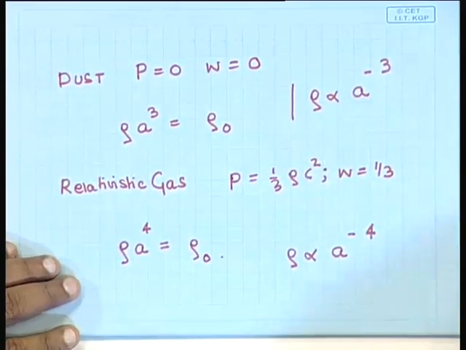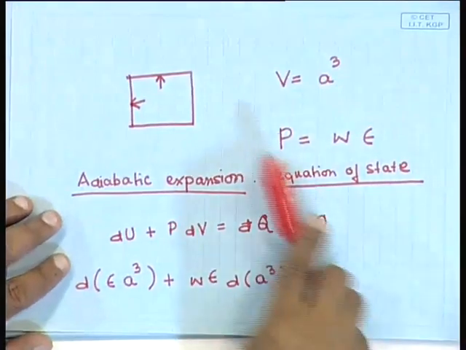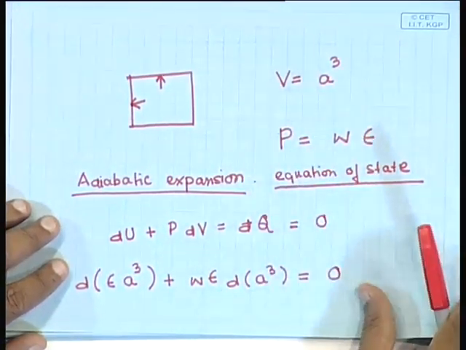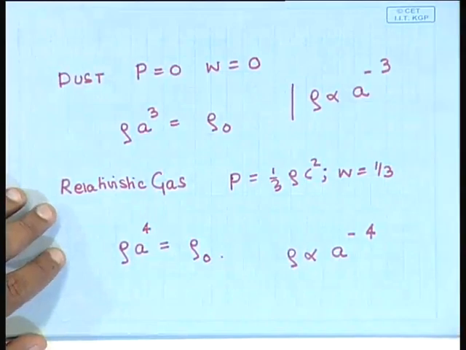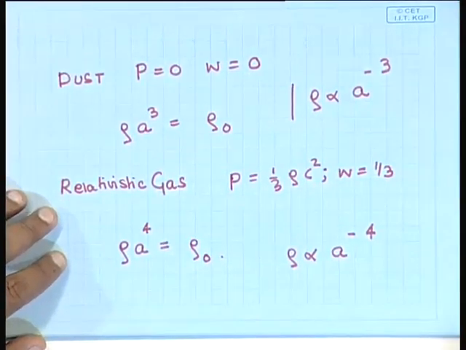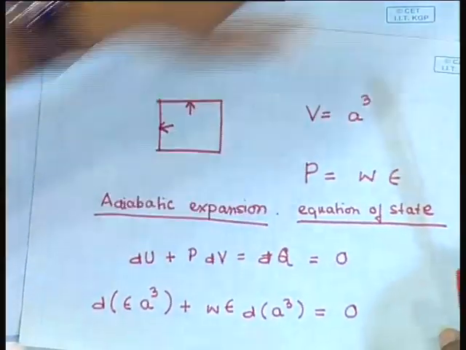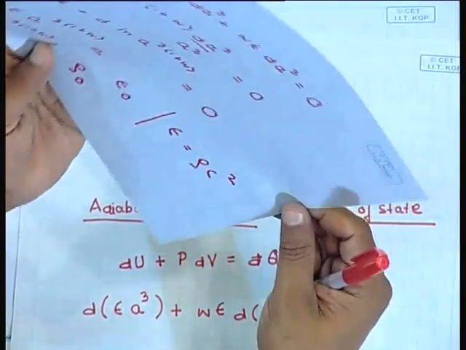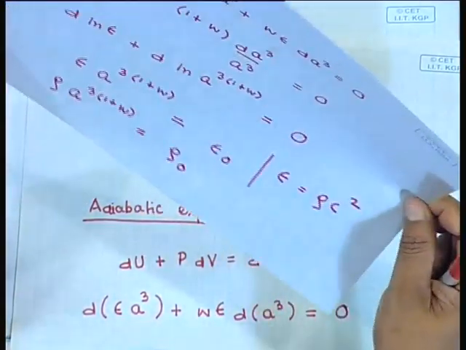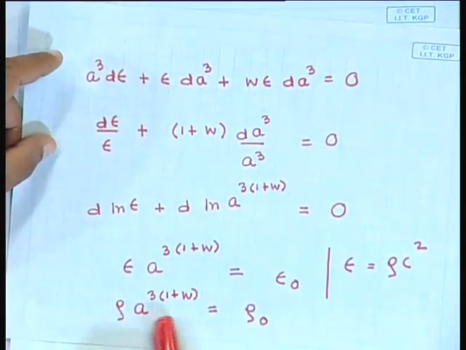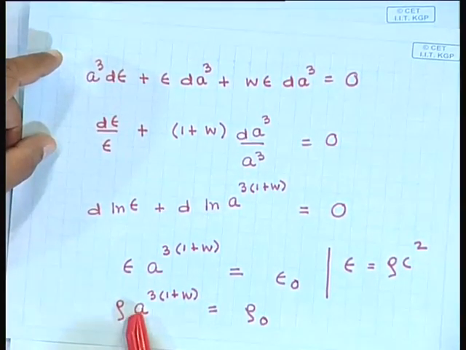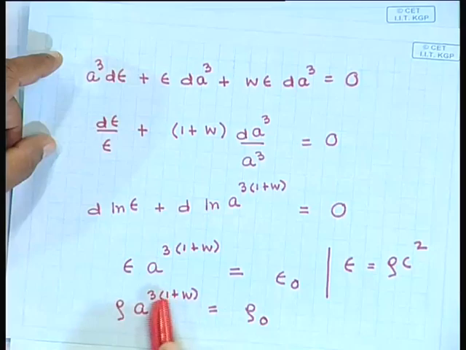And for an equation of state of this type, we have just derived how the density varies with pressure. We have just derived the relation which is given over here. So, rho into A to the power 3 into 1 plus W is a constant.